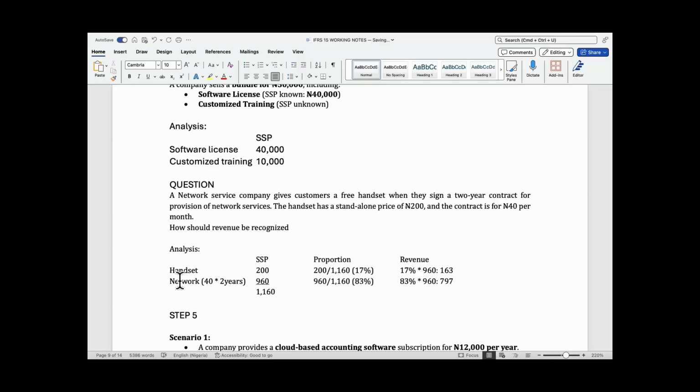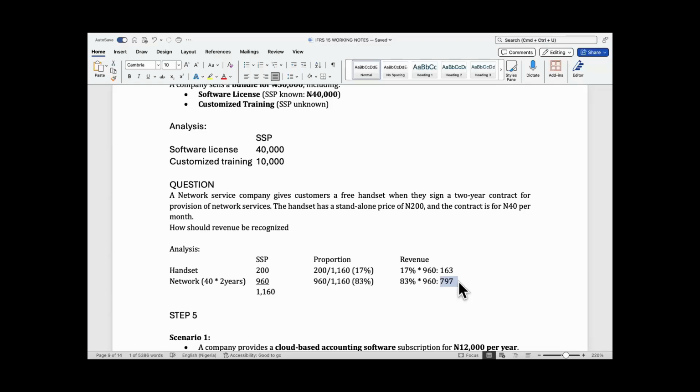And you know that for this one, since it is 2 years, in year one you only recognize half, in year two, half, like that. In fact, you'll be recognizing the revenue on a month-on-month basis, not that you recognize everything as revenue at once. But this is how you allocate.